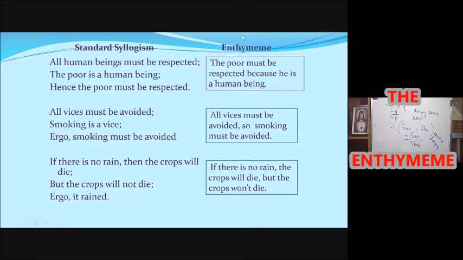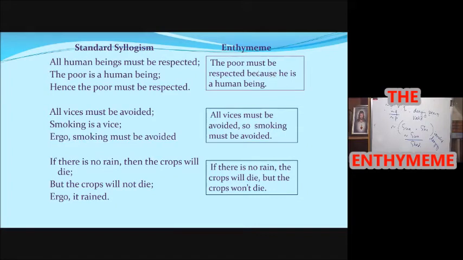Like for example here, the poor must be respected because he is a human being. The term because is a premise indicator, meaning this introduces the premise part. Remember, the premise contains the reason, the basis. And the conclusion is the claim.